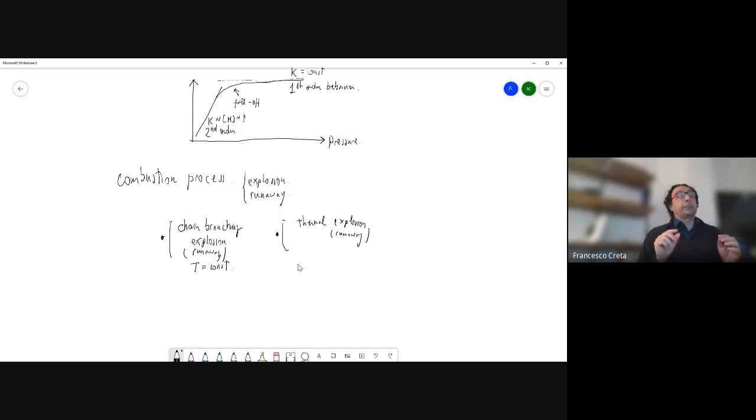Is there a particular case where, for example, the system explodes if we keep enough heat inside the system? So we're going to be considering a heat loss mechanism whereby you can produce heat through the chemical reaction, through exothermic reactions, or you can subtract it.